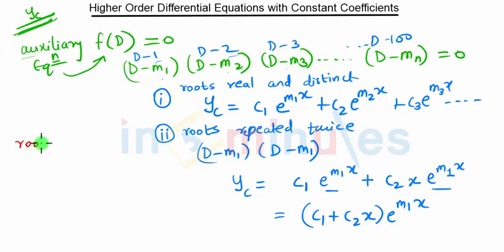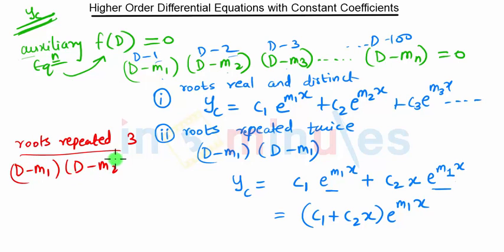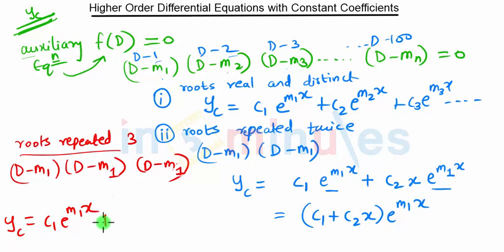When the roots are repeated thrice, what will be the complementary part? Here we have D minus m1, D minus m2 and D minus m3, and the roots are repeated thrice, so all of them will be m1. In this case, the complementary function will be c1 e raised to m1x, then the same thing for e raised to m1x, and c3 e raised to m1x. First you write these terms as it is.